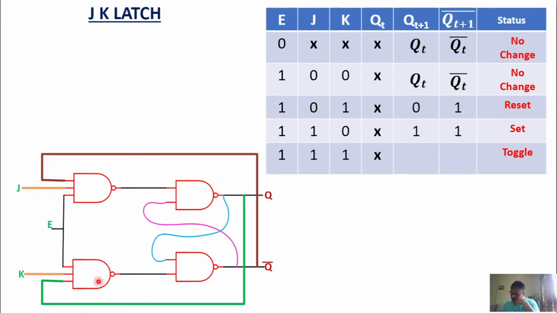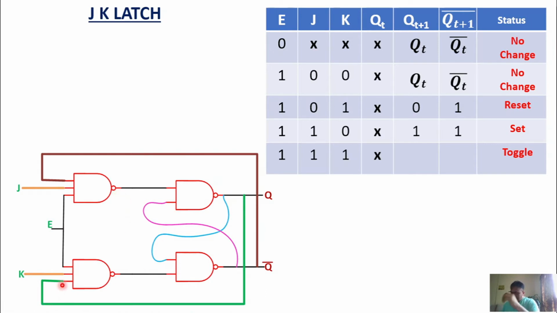Similarly, this NAND also has three inputs and Q is connected to this. And these two inputs are J and K, and the enable input is given as E. So this can be either level trigger, it can be 0 or 1, or it can be positive edge of the clock, or negative edge of the clock, so as to enable this.